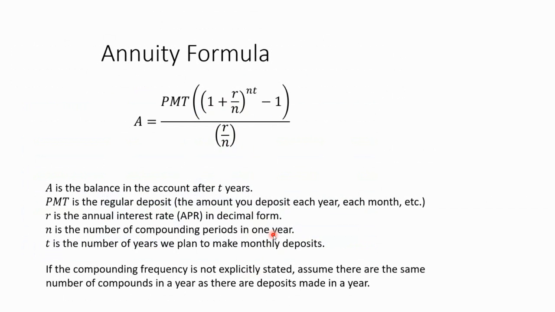And remember also, the compounding frequency, if it's not explicitly stated, we're always going to assume that the account is compounded with the same frequency as there are deposits. In other words, the number of times the account is compounded in a year is the same as the number of deposits made in a year, right?